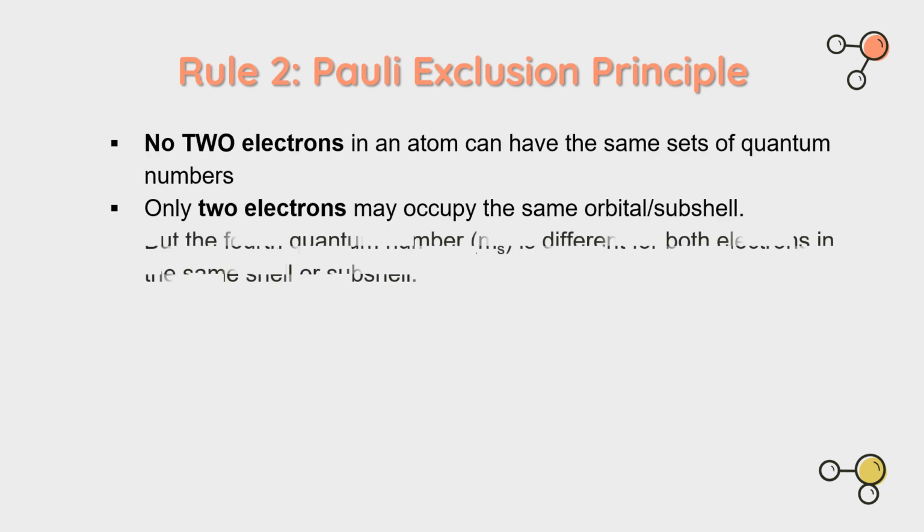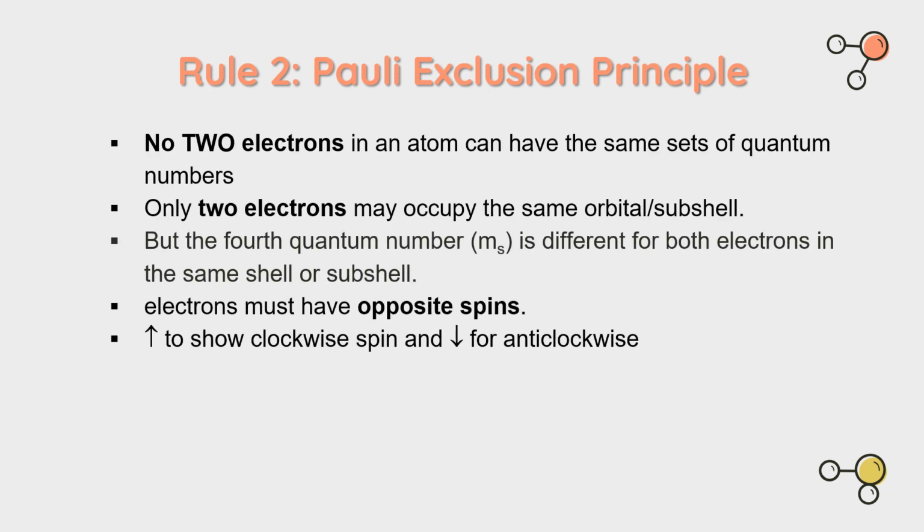Second rule is Pauli exclusion principle. According to this principle, no two electrons in an atom can have the same set of quantum numbers.